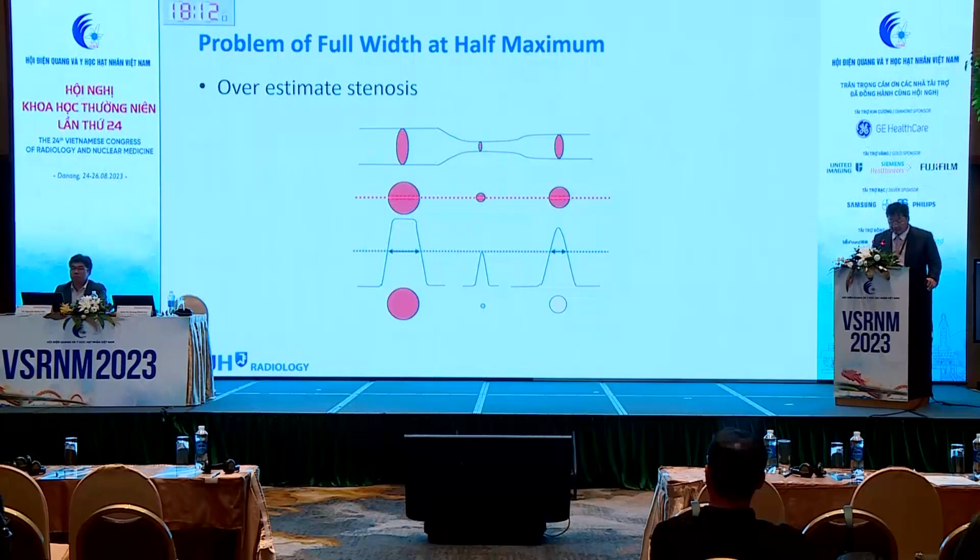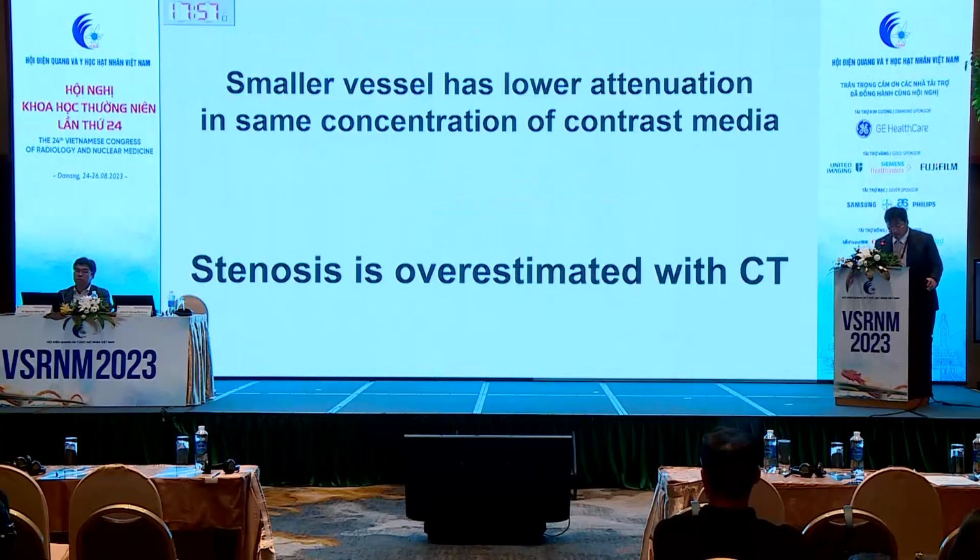The problem is that when the vessel is small, the actual attenuation of that vessel is decreased. So when we apply the same threshold for the full width half maximum, the small vessel actually disappeared. So a small vessel has a low attenuation at the same concentration of contrast media. This is the key.